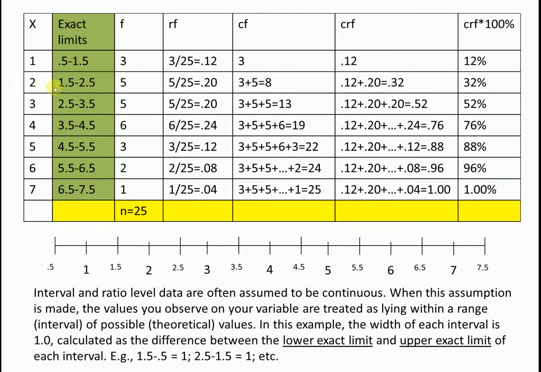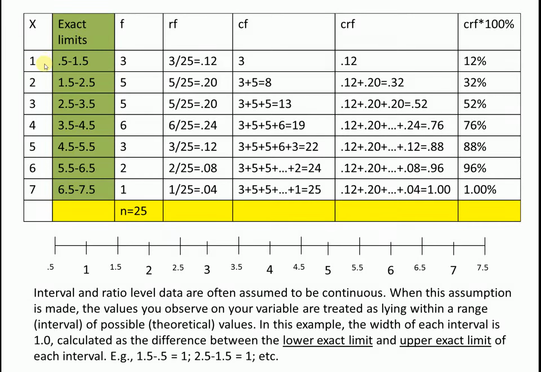For a value of 2, with enough precision, we might measure values of 1.61, 2.22, 2.49685. Again, the 2 is a placeholder for the values that might fall within this theoretical range right here.